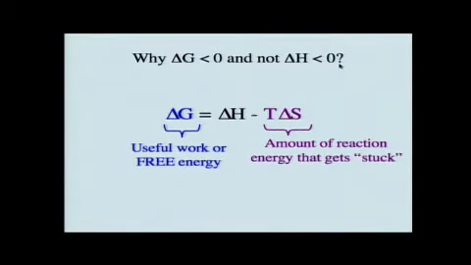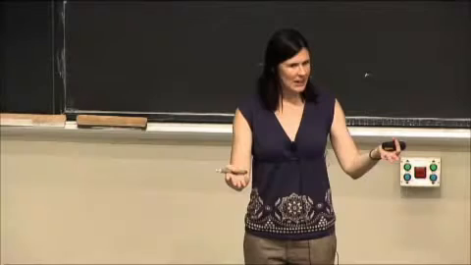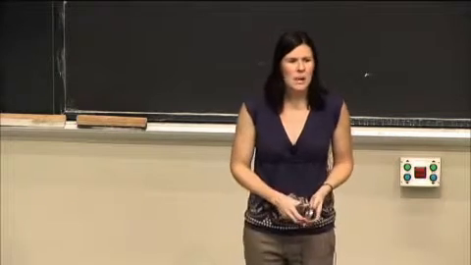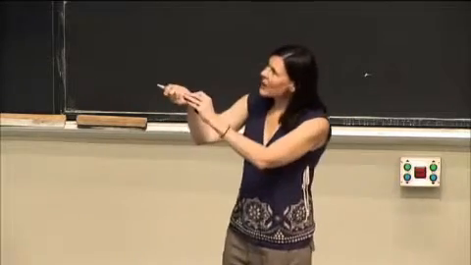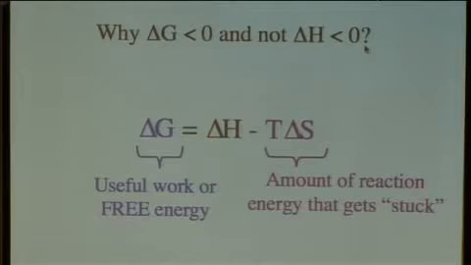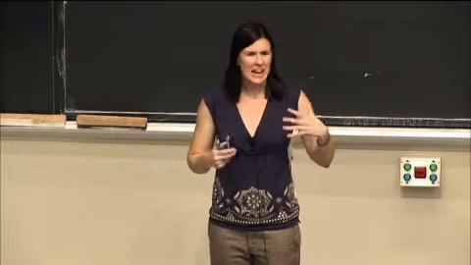Whereas when we were talking about enthalpy, this is the amount of heat that's released when we break and form the bonds in the reaction, but some of it actually gets stuck in the molecules. This is just a way to think about it, that this term is some energy that's getting stuck.